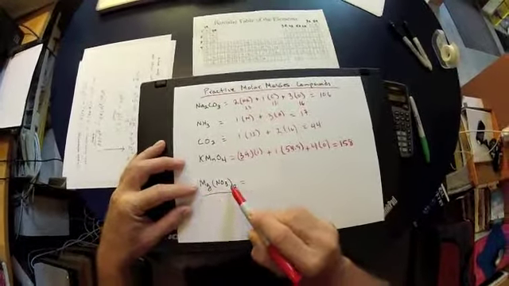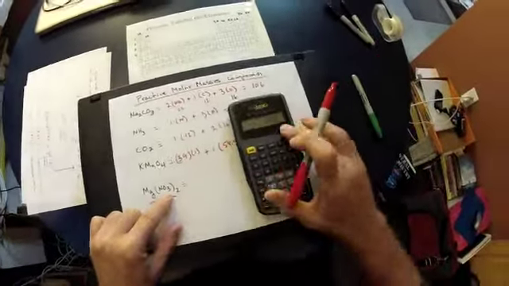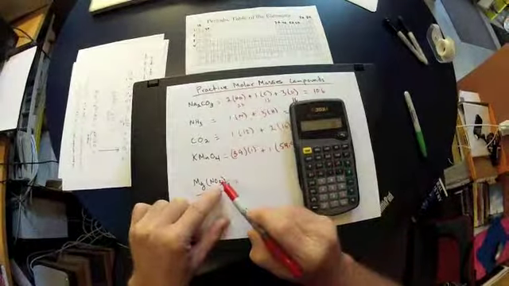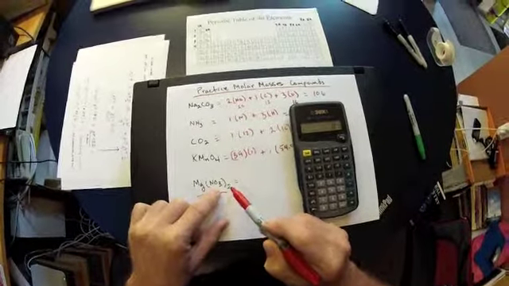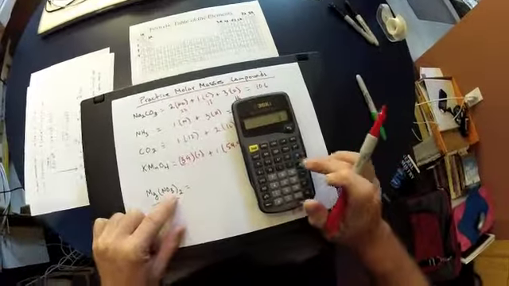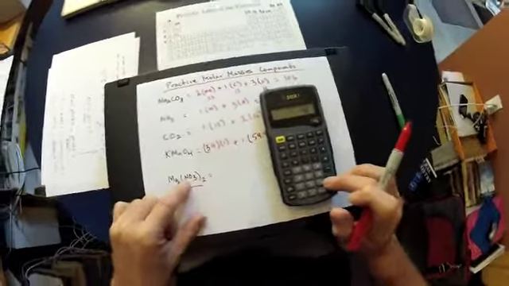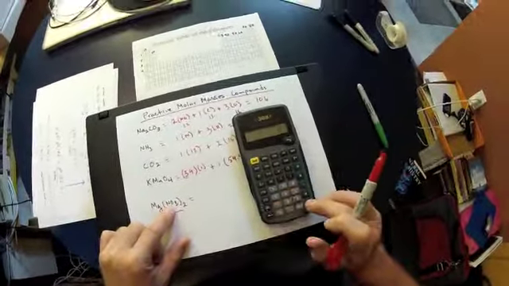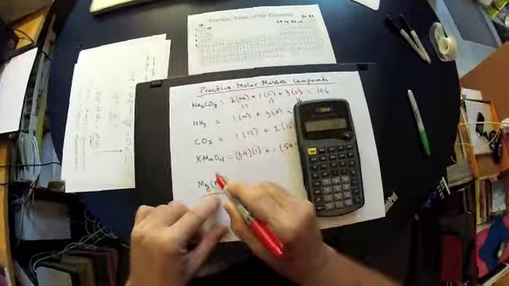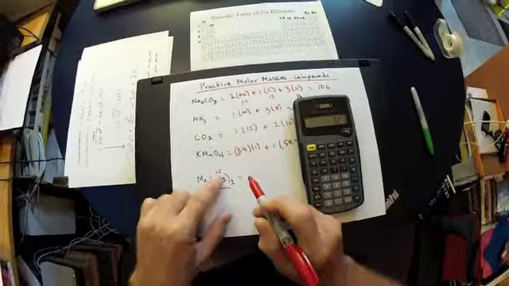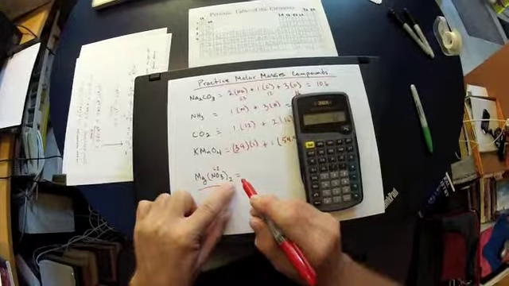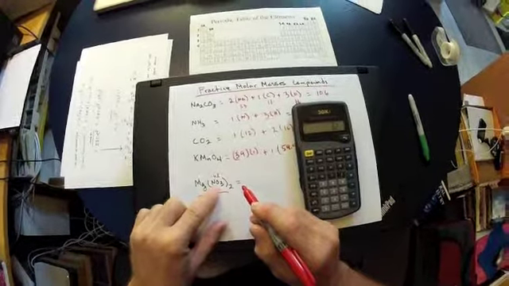To figure out the molar mass of this compound, we're going to calculate the molar mass for what's inside the bracket, and then multiply by 2. So there are 3 oxygens times 16 plus the molar mass of nitrogen, which is 14, for a grand total of 62. We multiply that number by 2 because the 2 means that there are 2 of these inside the bracket.